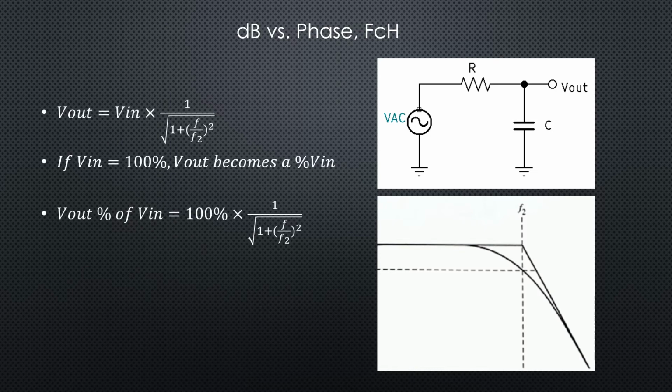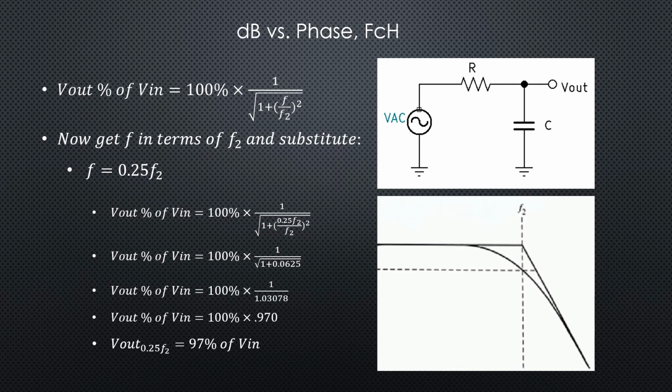Okay, so now what if we think of Vin in terms of a percentage, which then gives me a V out in terms of percentage. We call Vin 100%, and then our output would be something that represents a percentage of the input.